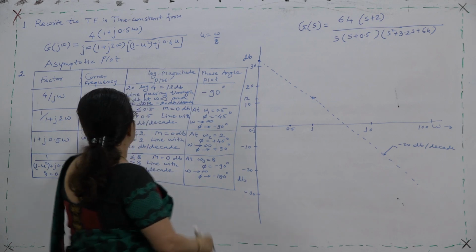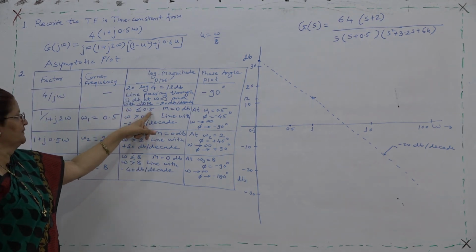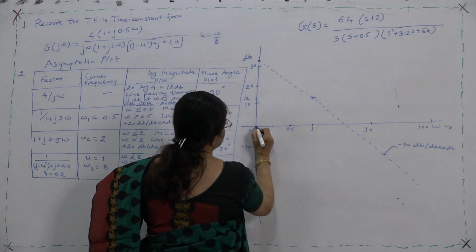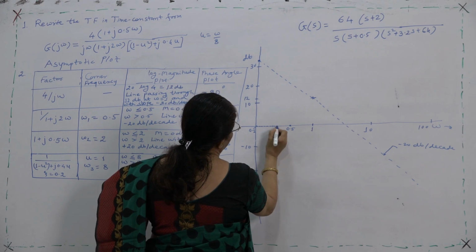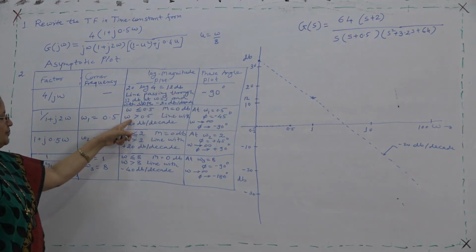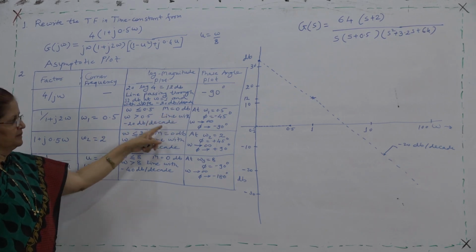So, what is description? For omega is less than or equal to 0.5, magnitude is 0 dB, meaning is till here the magnitude is 0 dB. For omega is greater than 0.5, line with minus 20 dB per decade.